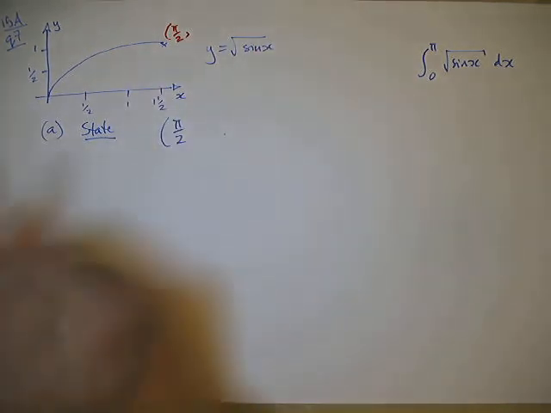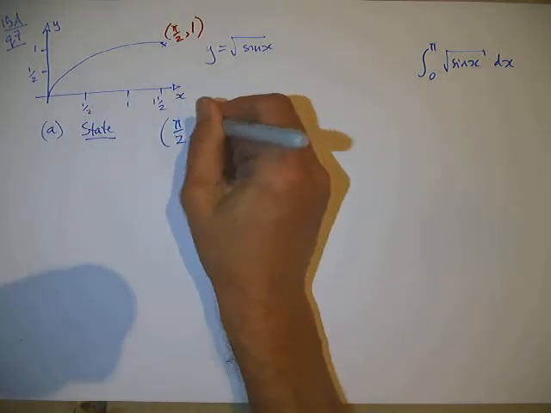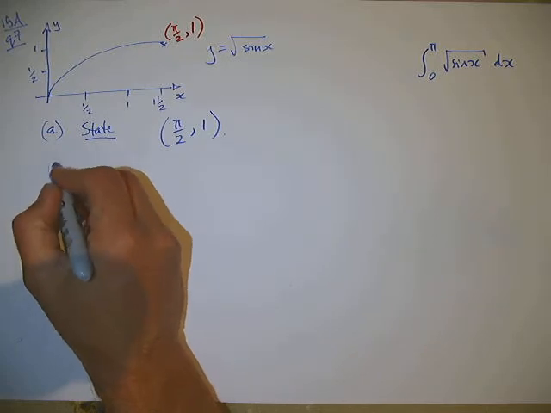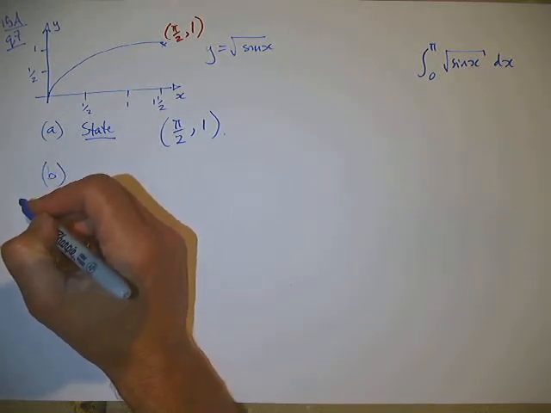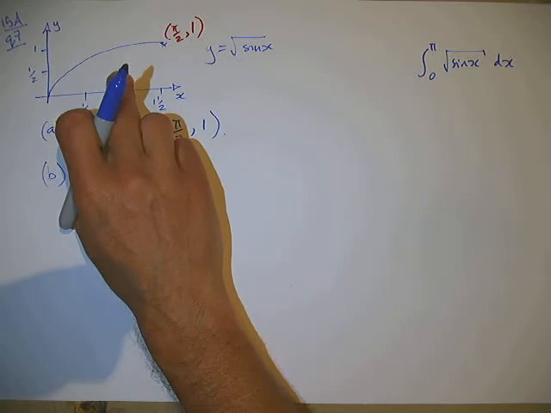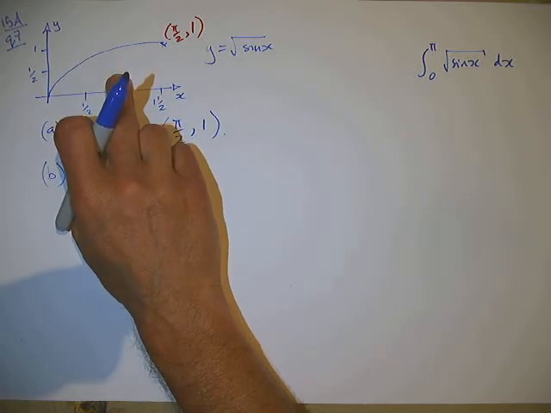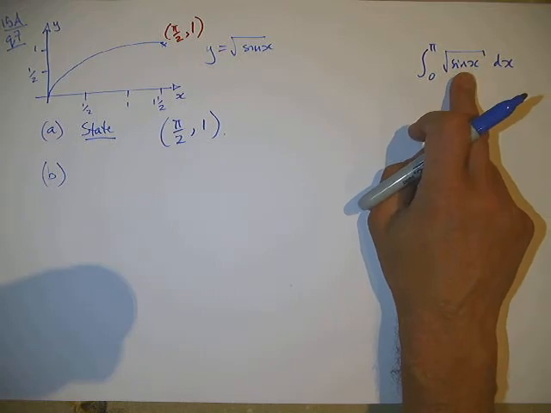Okay, so, right, it's the second part of the question, which is the good bit. The second part of the question wants us to use 4 rectangles on the part of the graph shown to get a lower bound for the estimate of this.